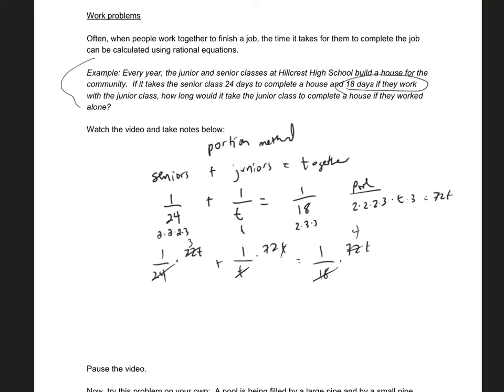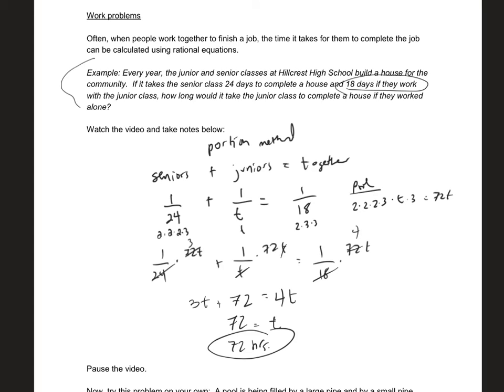I'm going to multiply everything that's left, and I'm going to solve for t. So it would take the juniors 72 days to finish the job by themselves.